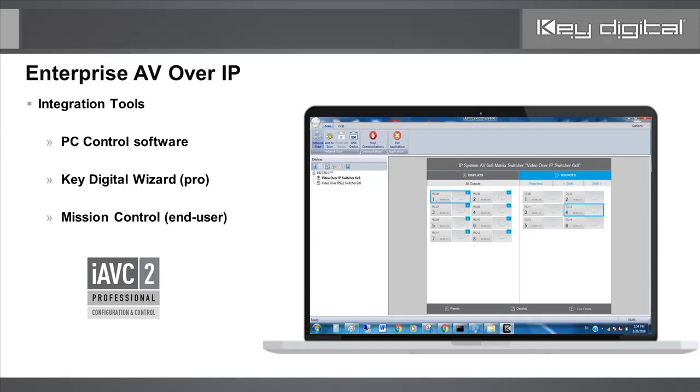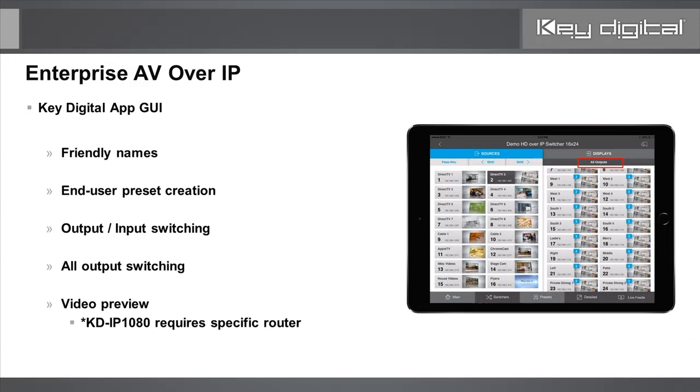Instead, it's only giving a control interface that looks exactly like the control interface on the KeyDigital app, where you will see those friendly names. You can create presets for the system. You can switch the video routing, and you can even do a video preview of each source and display.